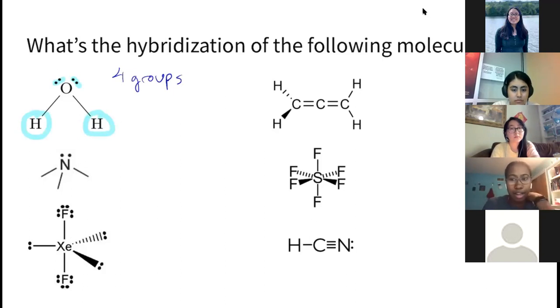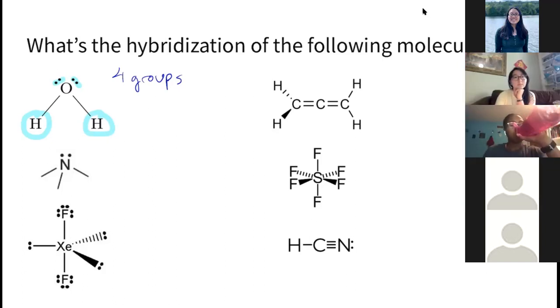Given the fact that we have 4 groups, does anyone know now what the hybridization for the molecule is? Wouldn't it be sp3? Yes, thank you. Oxygen is sp3. Alrighty, let's move on to our next molecule down here. Would anybody like to take a stab at the hybridization for, I think, this amide?